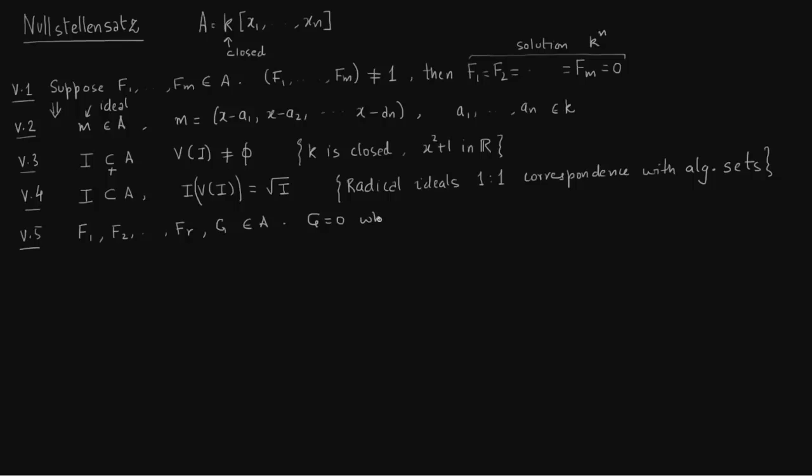That means that g is 0 whenever f1 is 0, f2 is 0, all the way to fr is 0. So let us write this down.